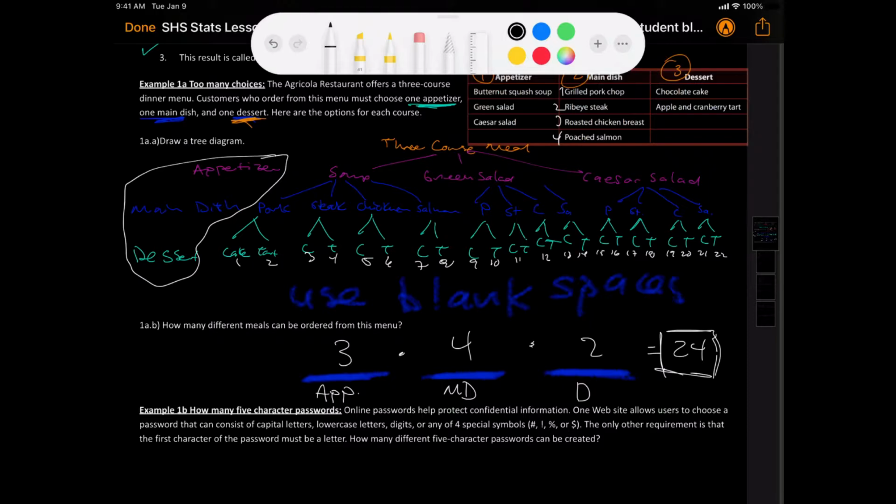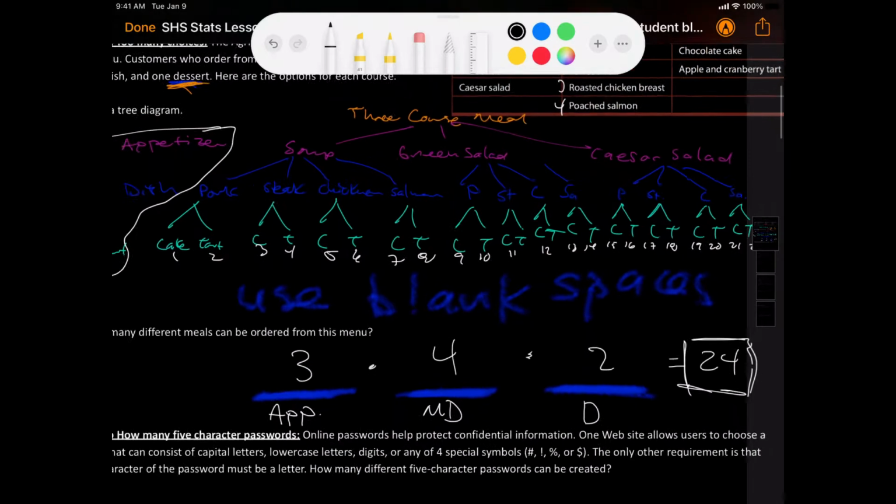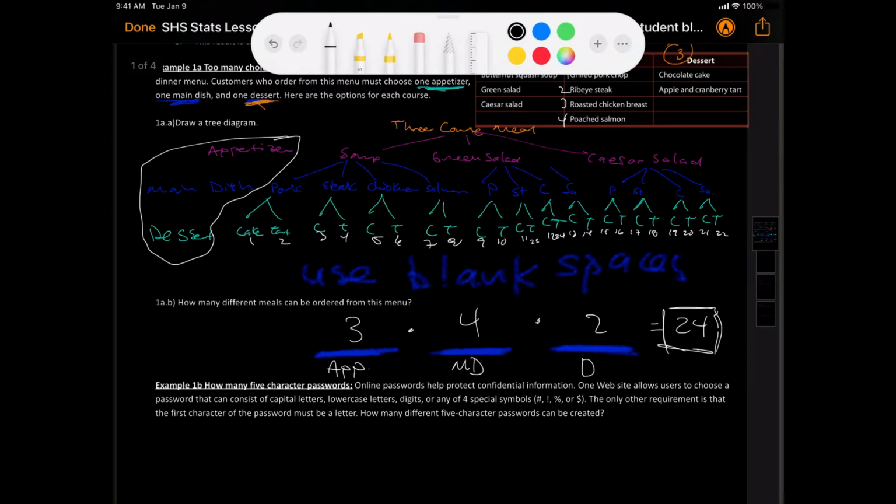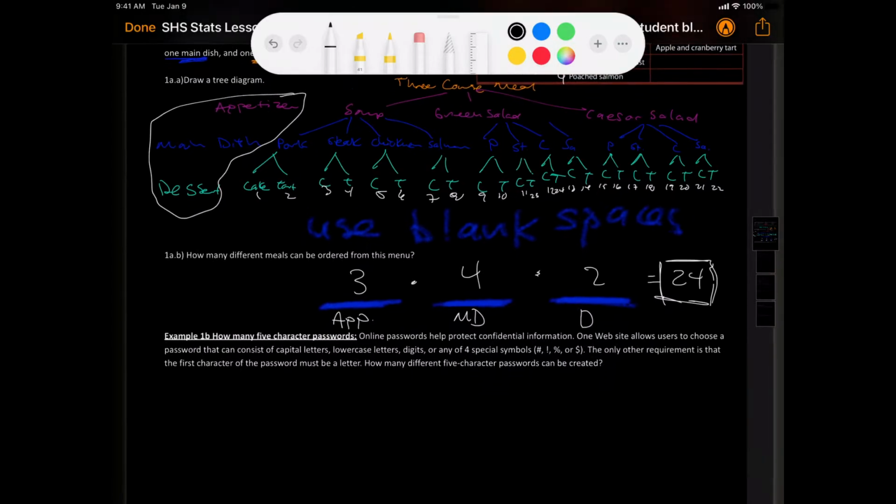I can't count, but if you see my mistake, it's right here, 9, 10, 11, there it is, 23, 24. I missed those. I don't know if you guys see it, but anyways, there's 24 of them, and if you just use the blanks, it probably would have been easier, but that's a visual using the tree diagram.